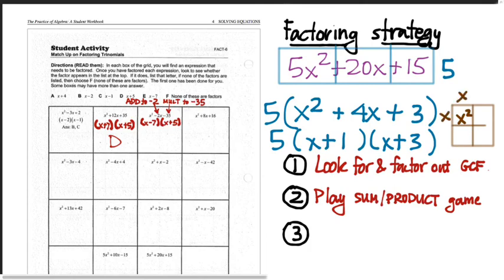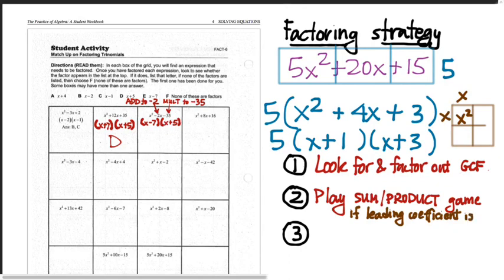So we can play the sum and product game directly as long as the leading coefficient is equal to 1. Remember, the leading coefficient is what we call the coefficient of the highest order term, which in a quadratic trinomial will always be the x squared term.